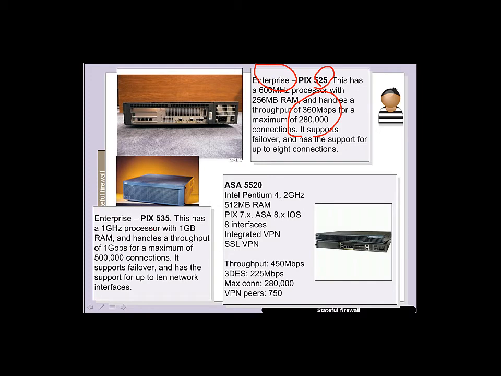And then on to the Pix 535, which has a 1 GHz processor, 1 GB of RAM, and can support up to 500,000 connections. Cisco are now phasing these Pix devices out towards the new range of devices, which is the ASA. The ASA 5520, for example, has integrated VPN, SSL VPN, 8 interfaces, supports Pix 7 and Pix 8 IOS.